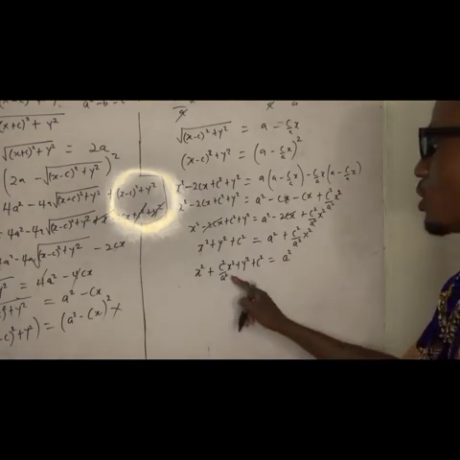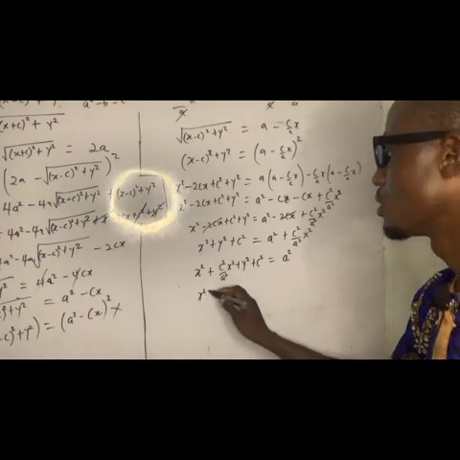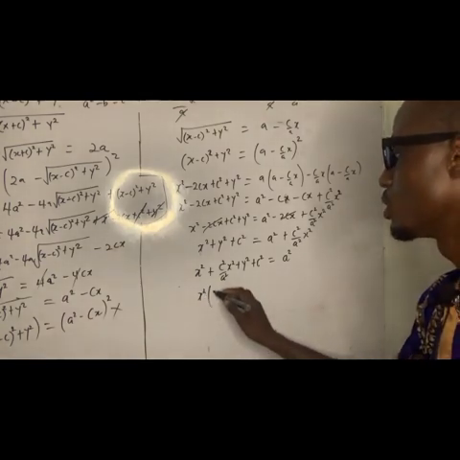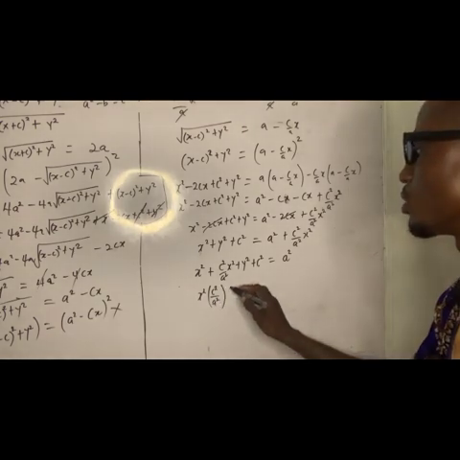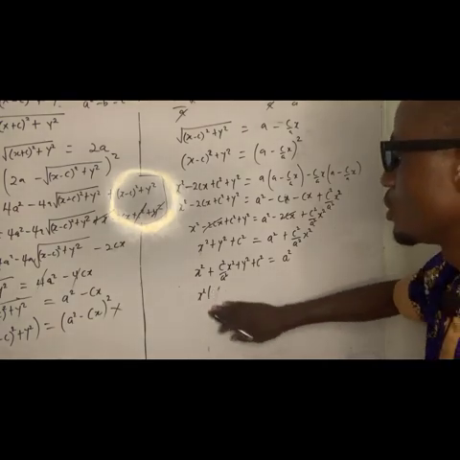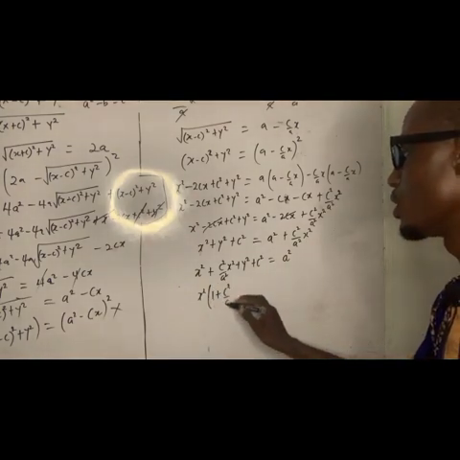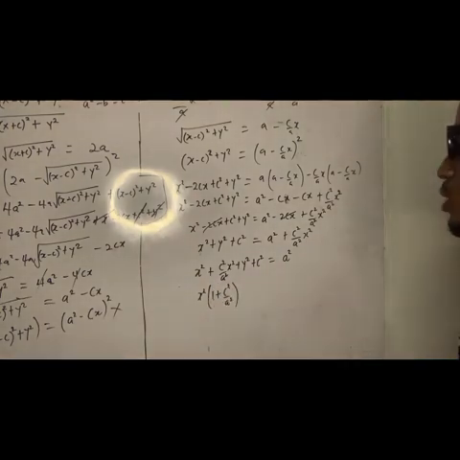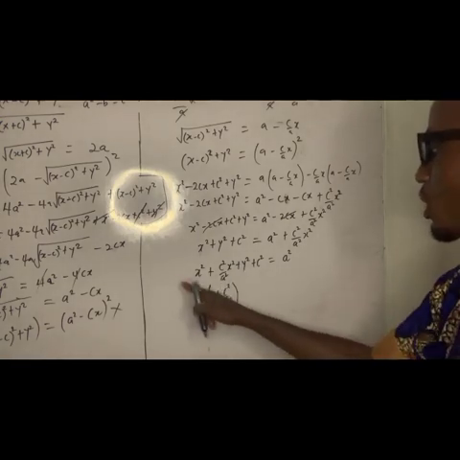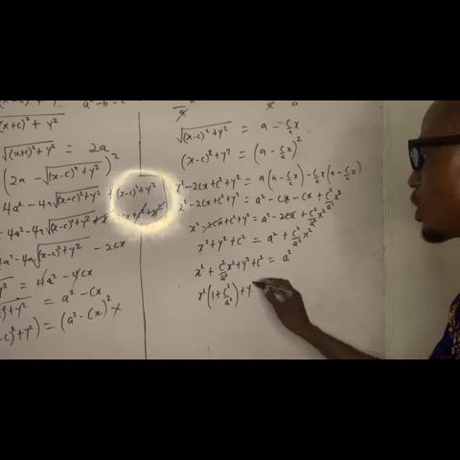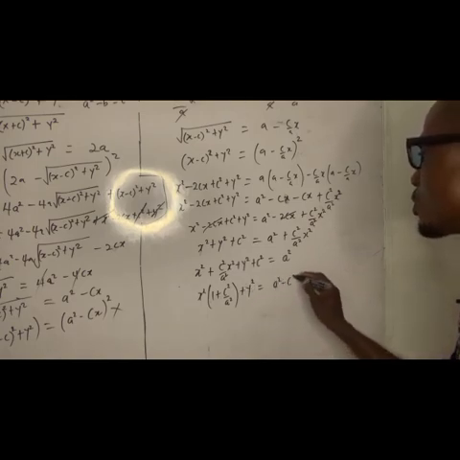So what next? If I factorize this, I'll be having x squared into (1 minus c squared over a squared), because x squared is common, so bringing out the x squared, this is what you have, plus y squared equals a squared minus c squared.